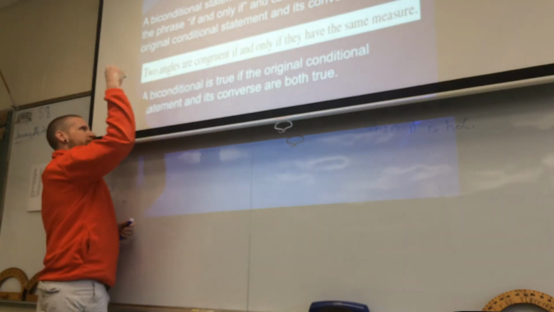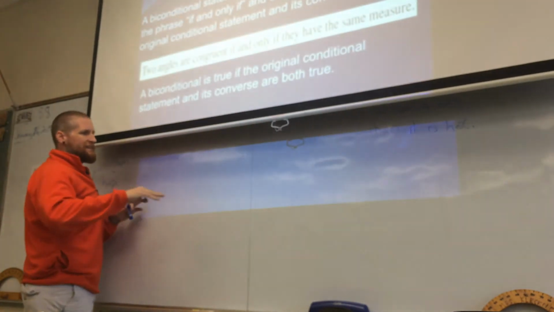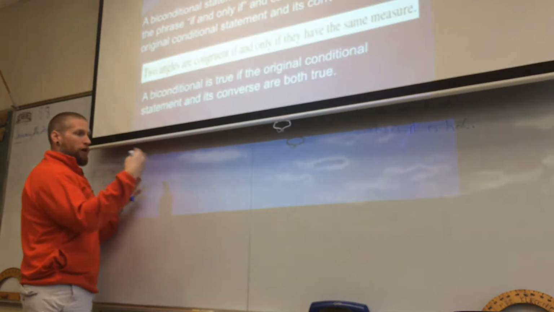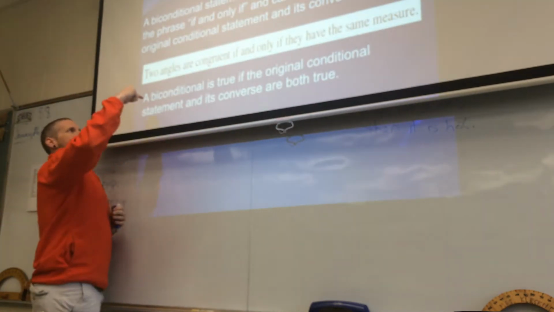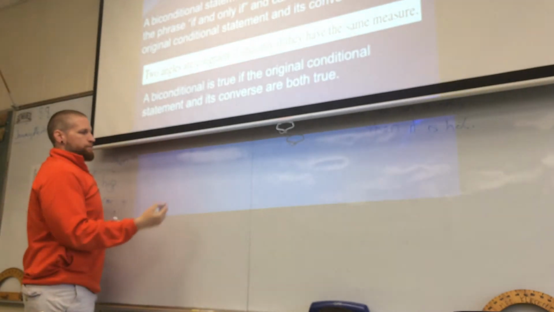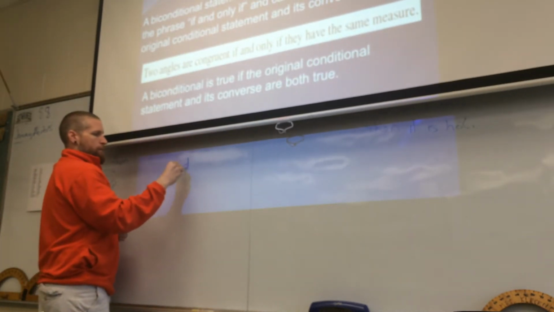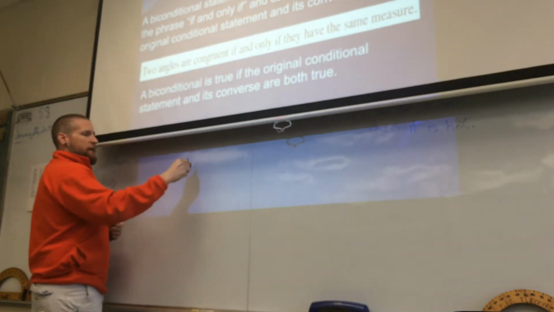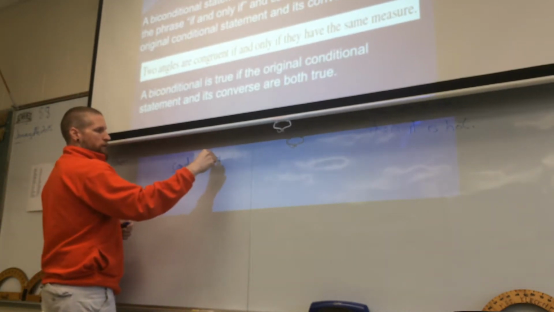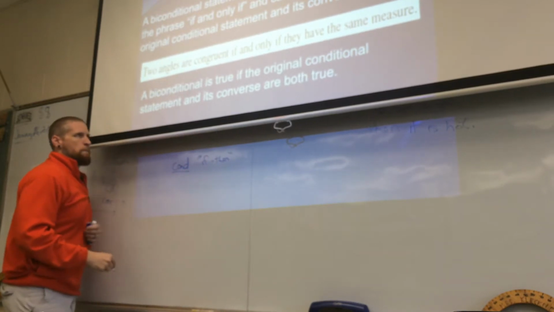So if I said, look, test this statement and see, is this a true biconditional? If this was on a test, this is all the work I would expect to see. I would take this statement and write it as a conditional, meaning I would put it back into if-then form.